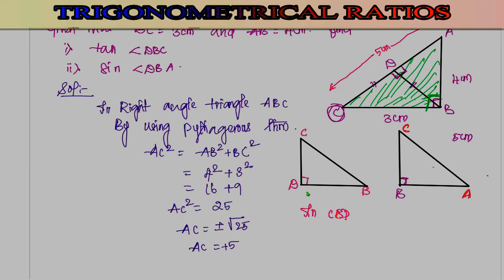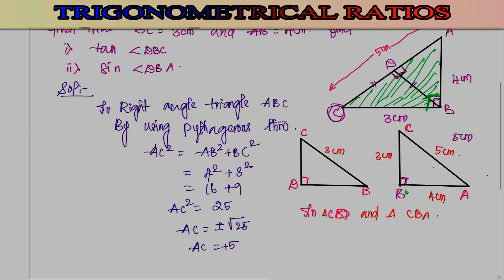I am going to write the measurement of the sides. Here BC value is 3 centimeter. Here also the BC length is 3 centimeter. And next here AB is 4 centimeter and AC value is 5 centimeter. So these are the given values. So remember here angle D is equal to angle B. And I can take the other triangle CBA.